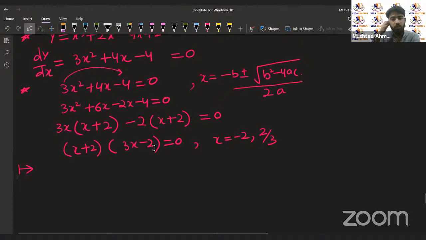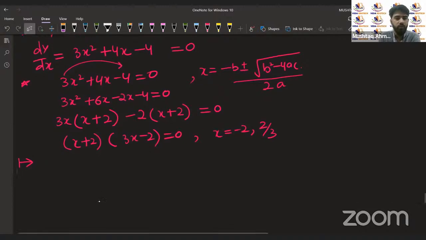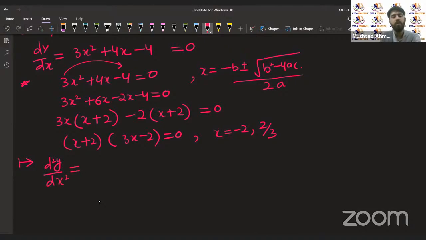Now we have to check for both points whether it represents a maxima or minima. What we'll do is once again calculate the second derivative, that's d2y upon dx square. If we calculate the derivative of dy upon dx, it will be 6x plus 4. Now let's check this at x equal to minus 2.